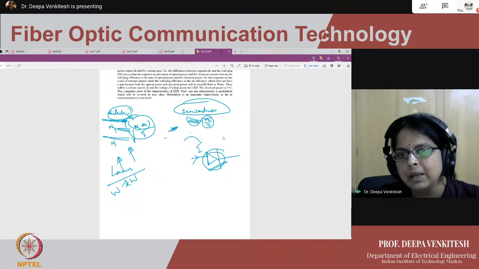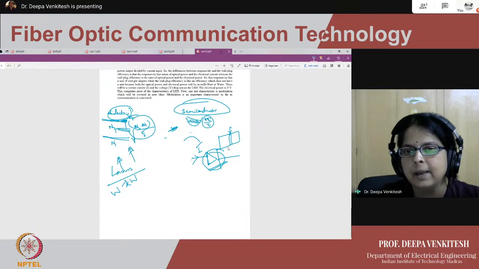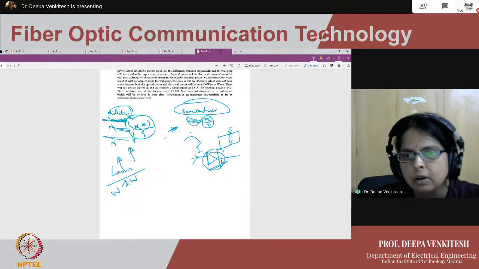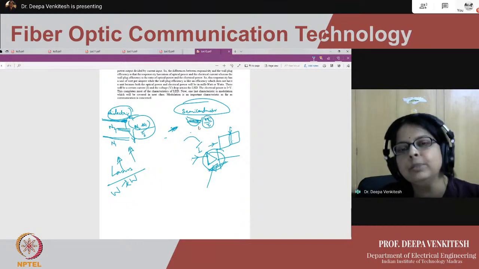Because it is a semiconductor structure, you have the depletion region, which is very thin, where all the action happens. You cannot flood this region with very large current, and you obviously cannot send amperes of current unless your diode is specially designed. So essentially, the current that you can inject, and hence the inversion that you can create in a semiconductor structure, is much smaller.